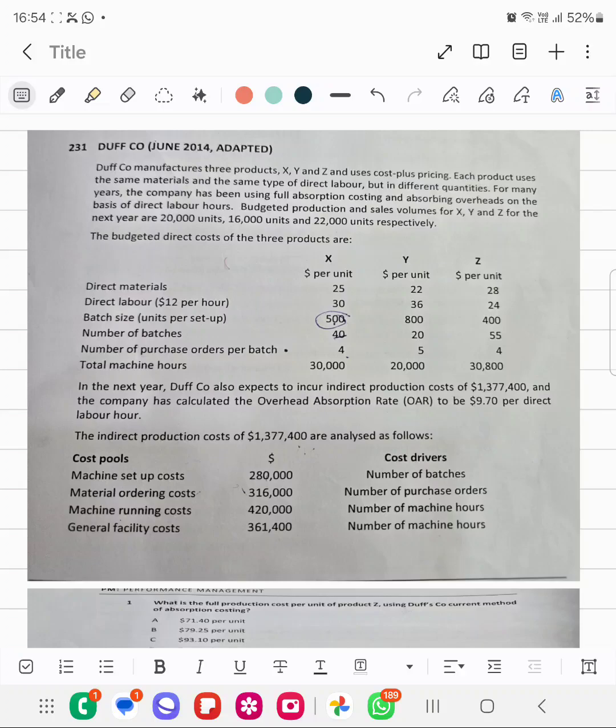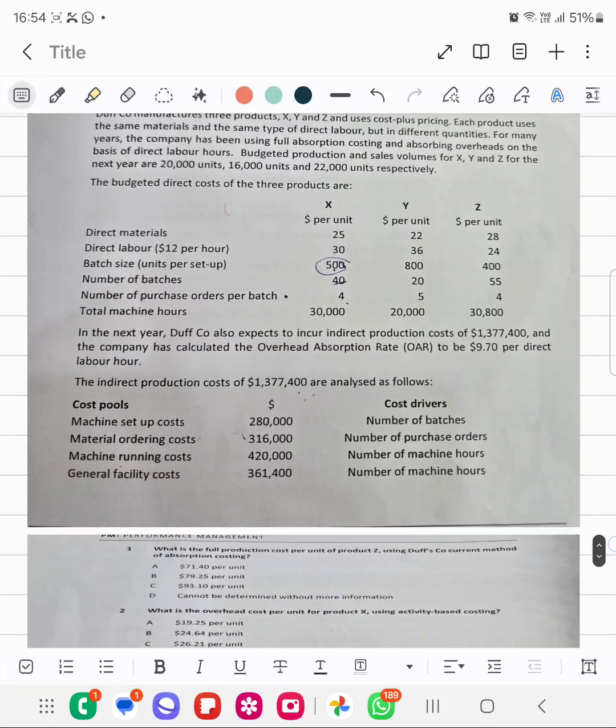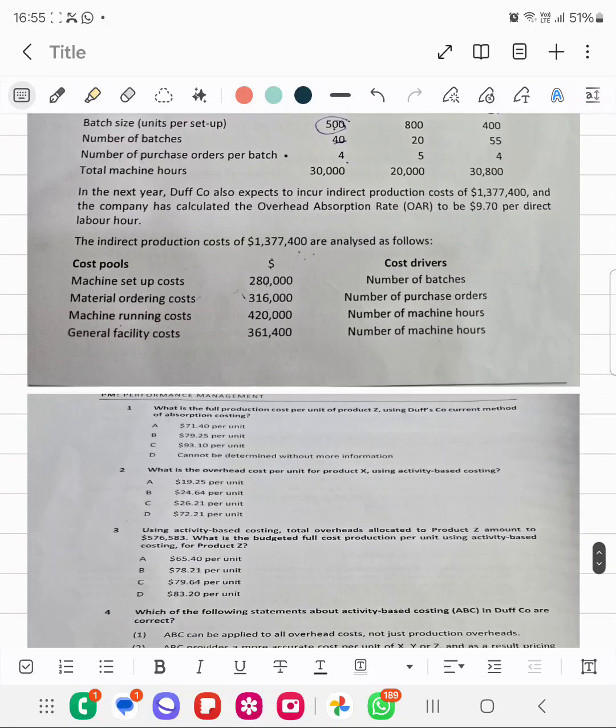In the next year, Duff Company also expects to incur indirect production cost of 1.37 million, and the company has calculated the overhead absorption rate at 9.7 per direct labor hour. The indirect production cost of 1,377,400 is analyzed as follows, and the cost pools have been given. The cost of each cost pool and the cost drivers have been given.